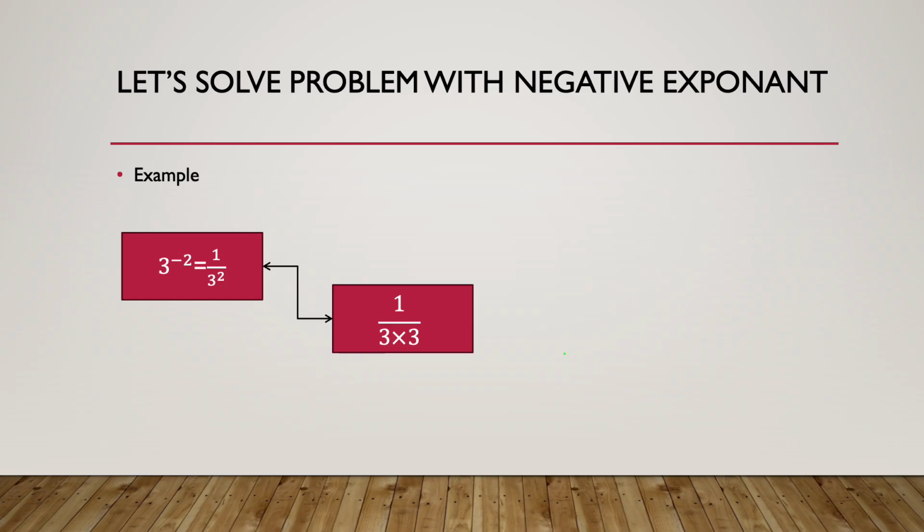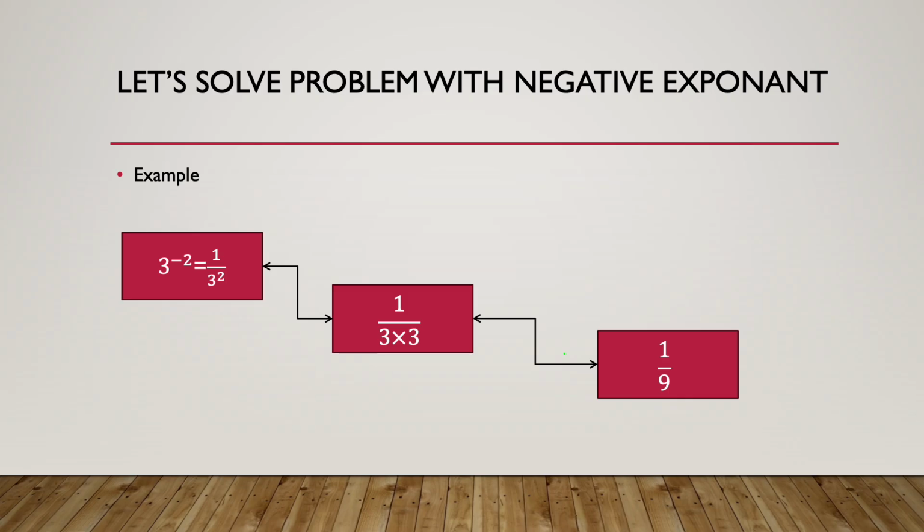Now it's easy. Now we expand this. Again, number 1, draw a line, then expand this. How many times is this number 3 multiplied? 2 times. So we write 3 multiplied by 3. That is the second step. Let's go to the third step. Easy peasy.